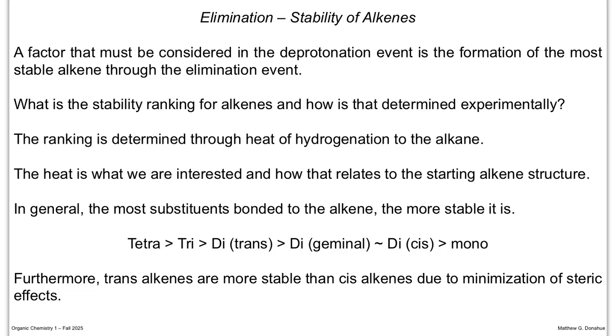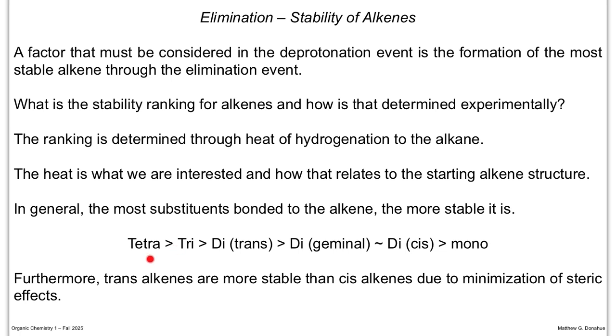So the ranking is, you identify the alkene, so that's the 2 sp2 hybridized carbons. Then on each one, you're counting the number of carbon substituents. If it's hydrogen, you don't count it.